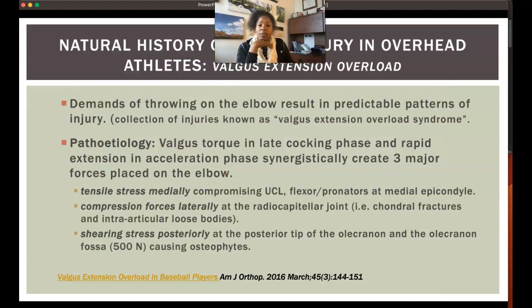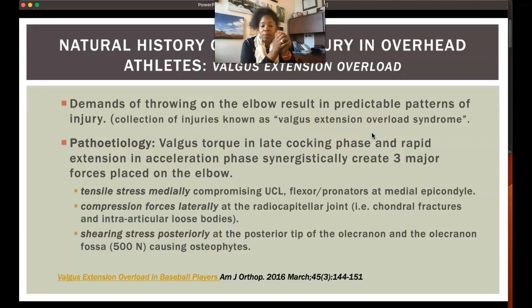So as we think through the natural history of elbow injury in overhead athletes, we can predict that our patients are going to present to us with UCL laxity. We can predict that over time, if we don't treat or strengthen the dynamic stabilizers, not only will they suffer from valgus extension overload syndrome, they'll also suffer from some type of humeral radial pathologies.